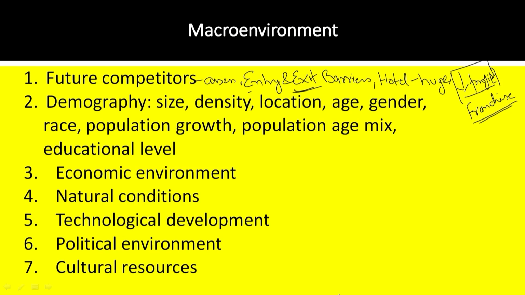Now, so we have done future competition, demography, and economic environment. Now, let us talk about natural condition. We need to understand here that the natural condition of the destination is not just used by TMCs as a touristic resource, but negative natural conditions like high pollution, water shortage, extreme weather conditions also play as a threat to the health of tourists.